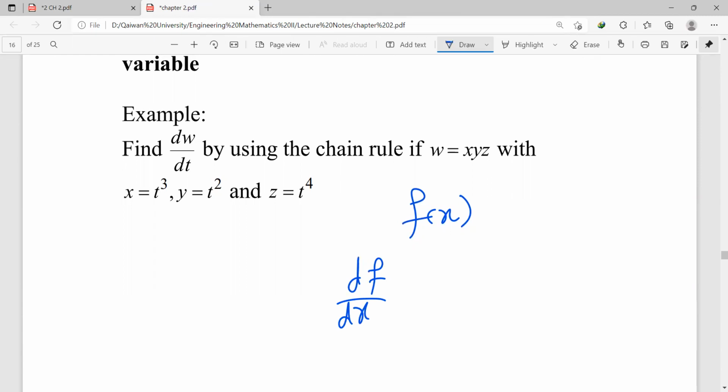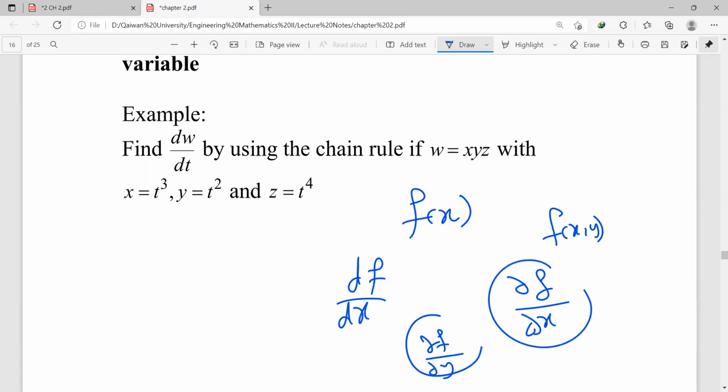So what about f of xy? If you have more than one independent variable, we say partial f by partial x, or partial f by partial y.